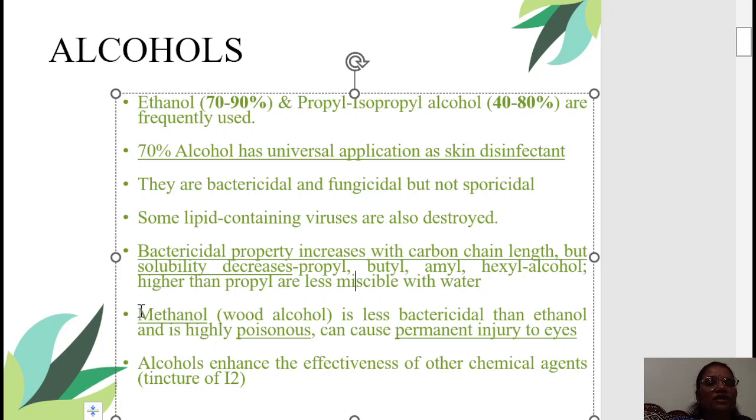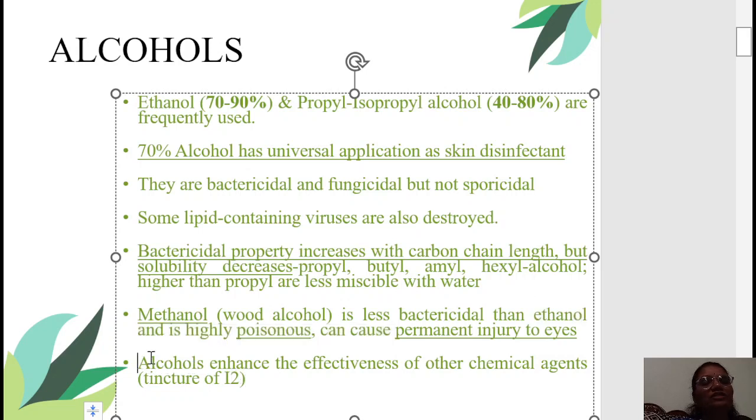Against that, methanol, which is soluble in water in all proportions, is not popularly used because of its poisonous nature for animals and human beings. It is highly poisonous and irritant to the mucous membrane and can cause permanent injury to the eyes, so it is not popularly used as a common antiseptic.